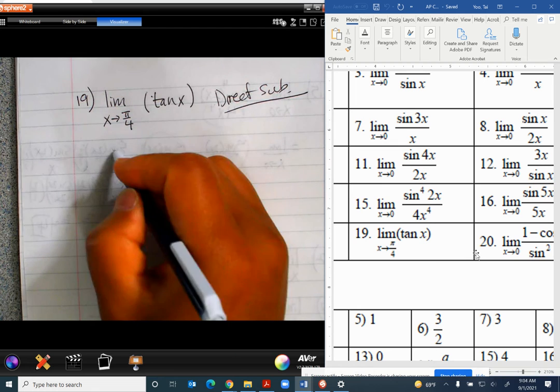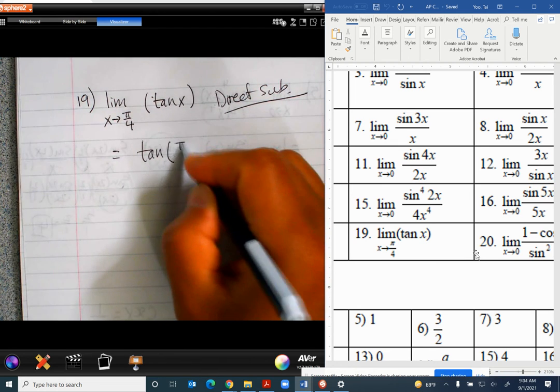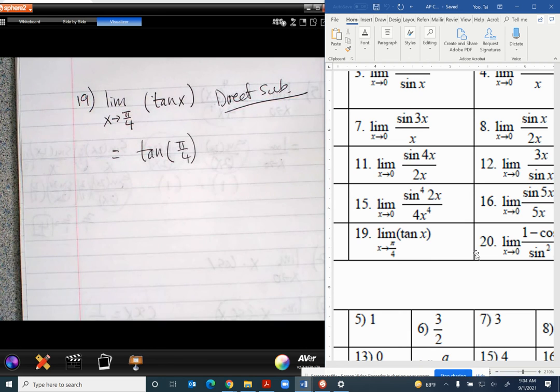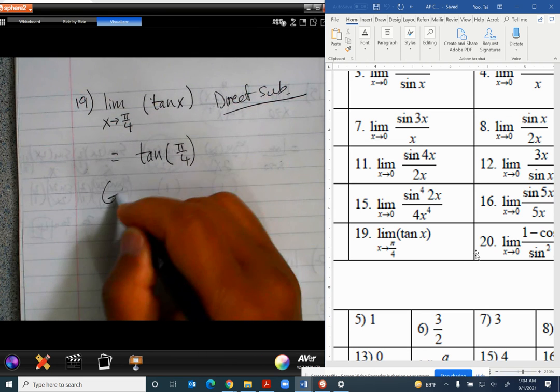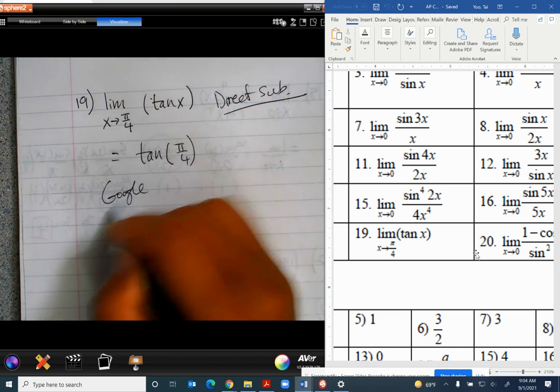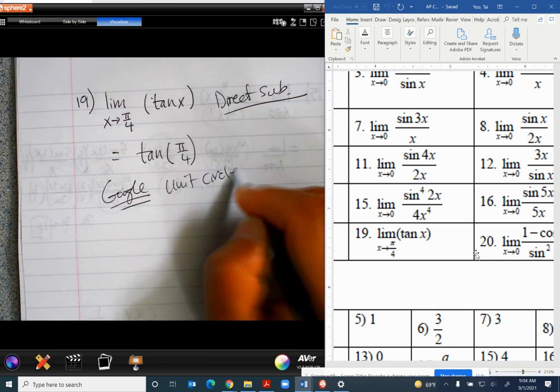So if you directly substitute, this is tangent pi over 4. Now tangent pi over 4 is one of those special ones we should have learned from Integrated 3. But we didn't, it's okay. So go to Google and put in unit circle chart.